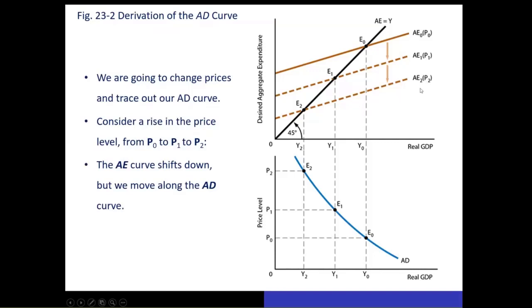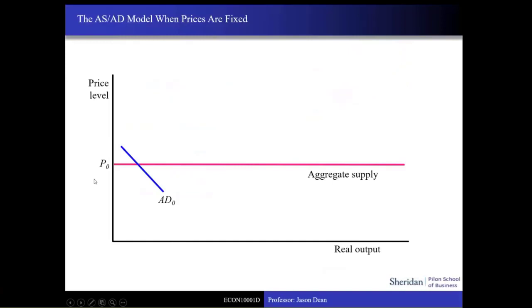Okay, but we know that if we hold the other things that determine aggregate expenditures constant and just change the price level, we're talking about different points on the aggregate demand curve. Okay, so again, let's think about what we're saying in terms of this Keynesian cross model in our price level and real output space.